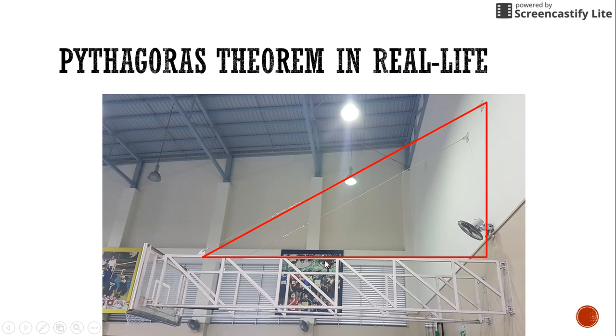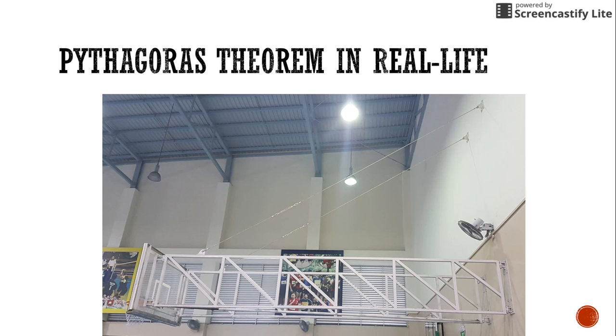Now, given that we know the length of the cable, which happens to be the hypotenuse, and given that we know the length of the part of the structure, are we able to find the height of the wall? So this time round, we are given the hypotenuse, because this is a right angle triangle.